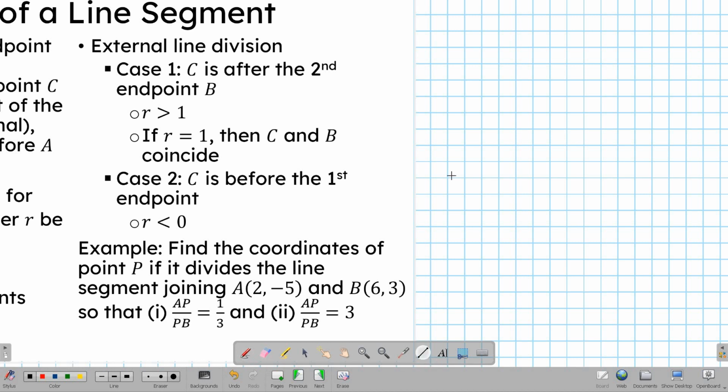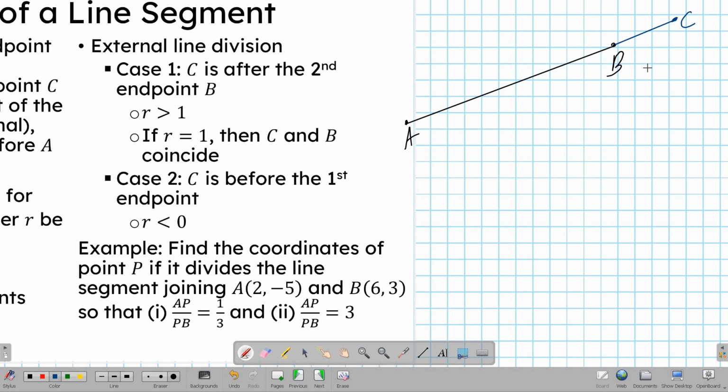The first case: if this is your line segment whose endpoints are A and B, then in case 1, C is after the second endpoint B. Let's extend this, assuming they're collinear.